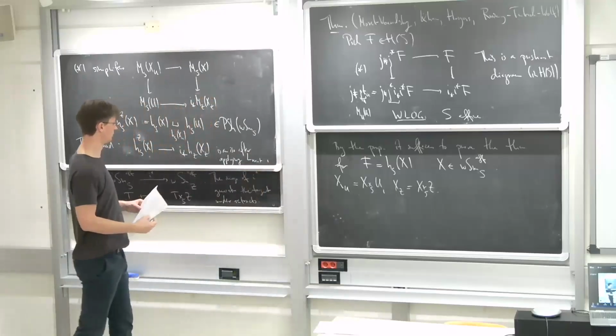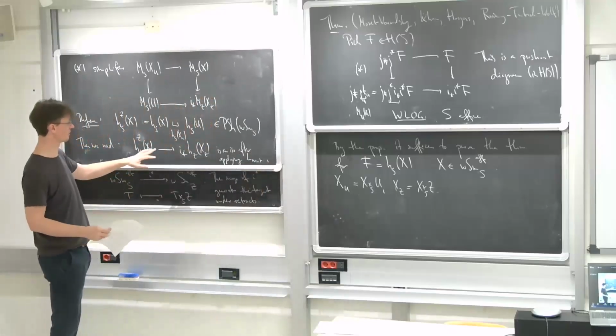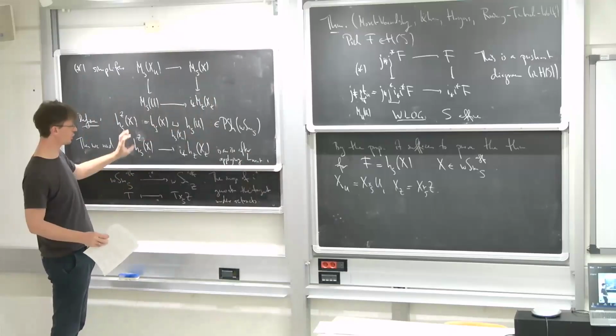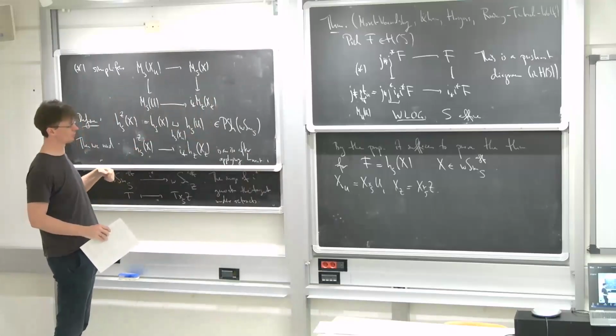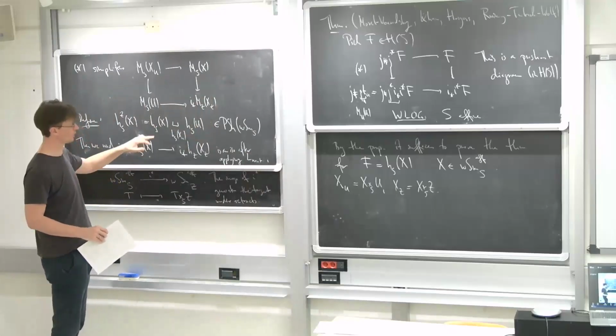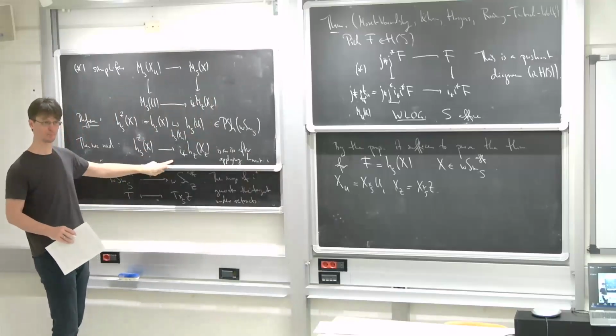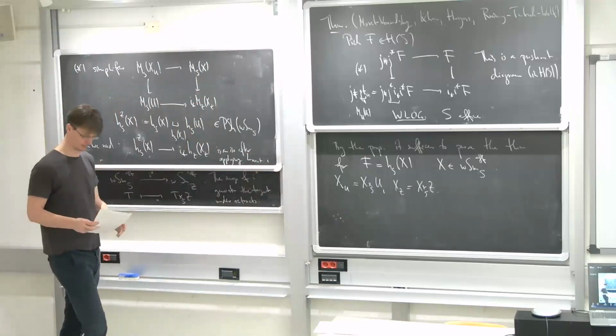So we can contemplate these constructions on the level of these presheaves, but the only thing we claim is after doing this Nisnevich sheafification and A1 localization, this becomes an isomorphism. Okay, and that's what we have to show. So this is the only if.